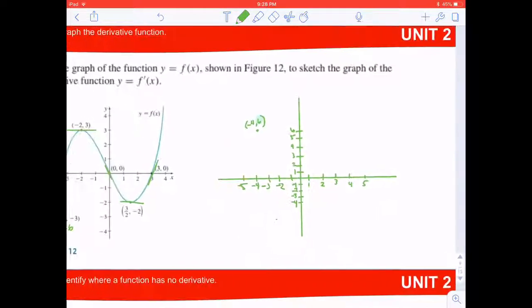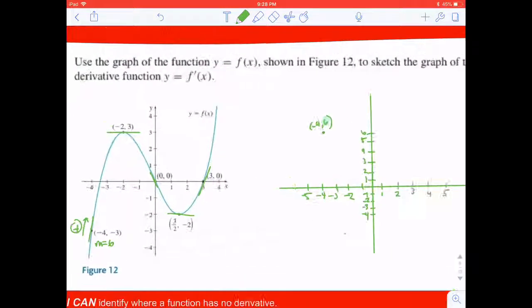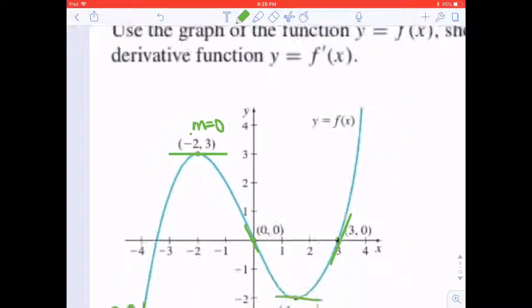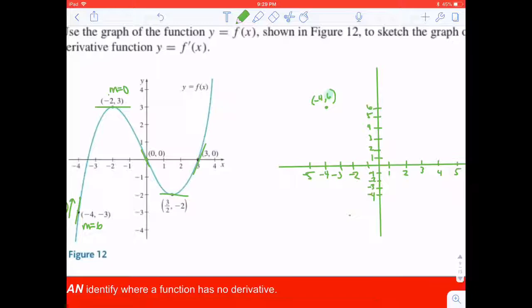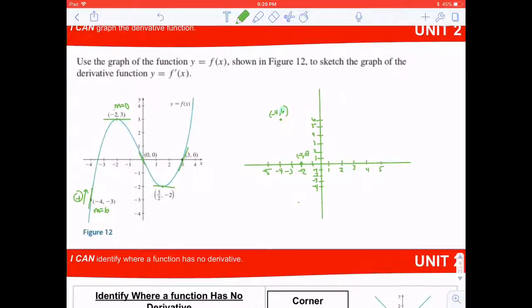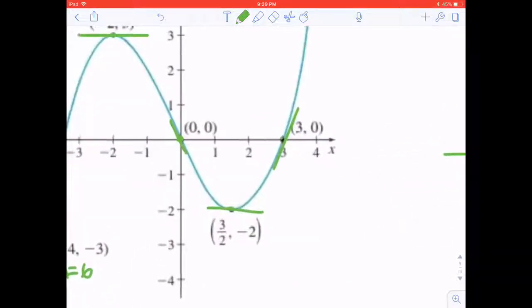Next, we're going to try to find the slope here. We see that this is just a horizontal line, so when x is equal to -2, I'm going to say the slope is equal to 0. So that means we're going to have the point -2, 0 right here. And continuing here, we have the point 0, 0. And we see that it's going downwards, so it's going to be a negative slope.